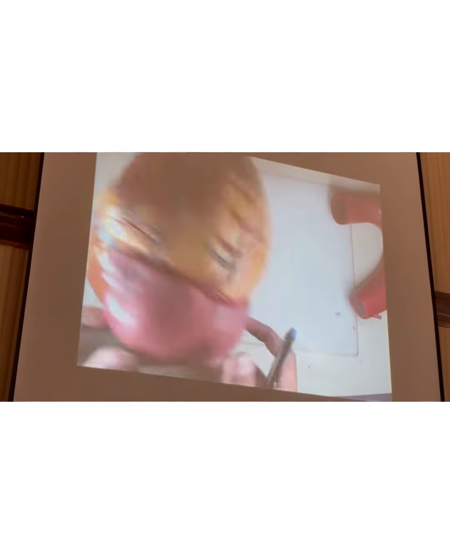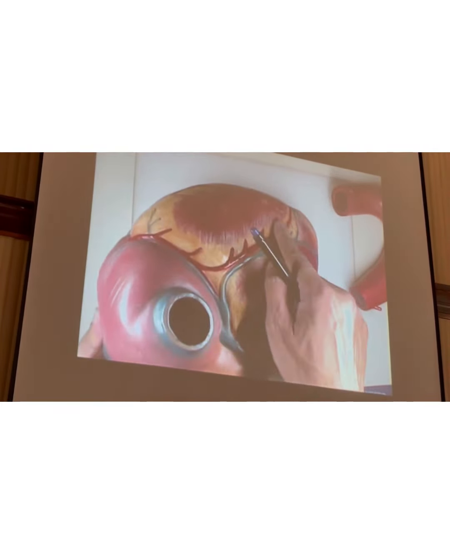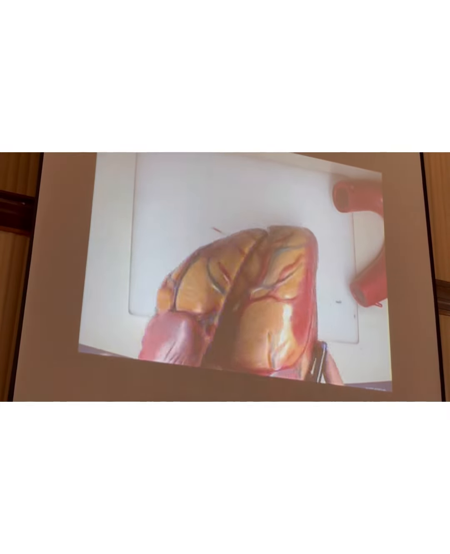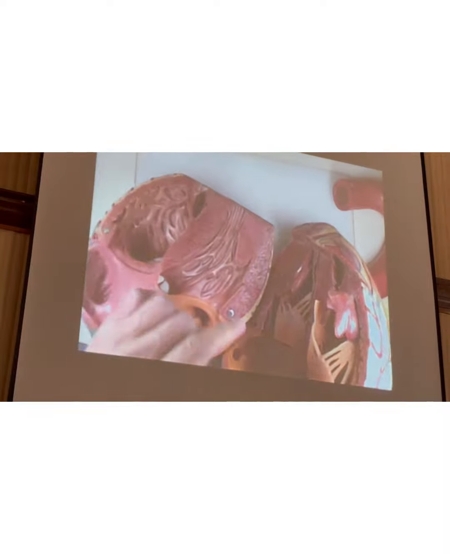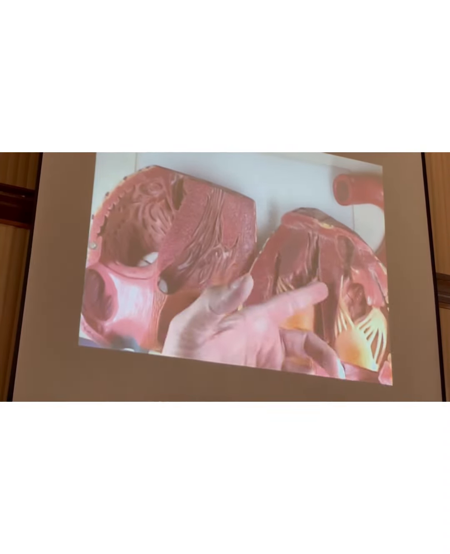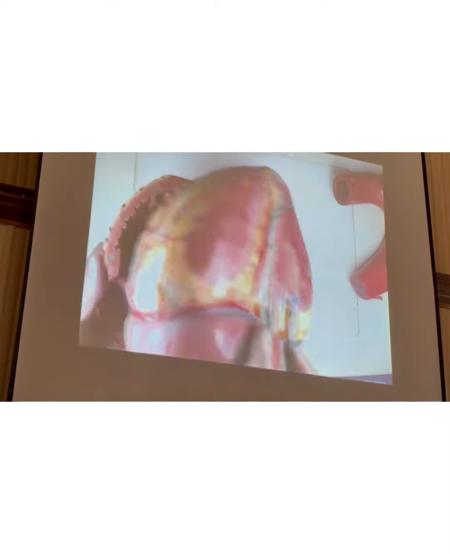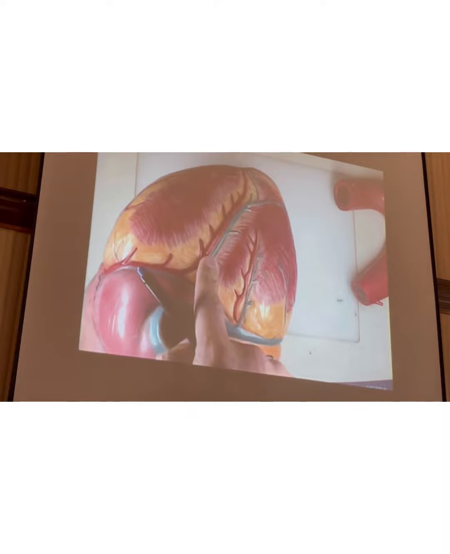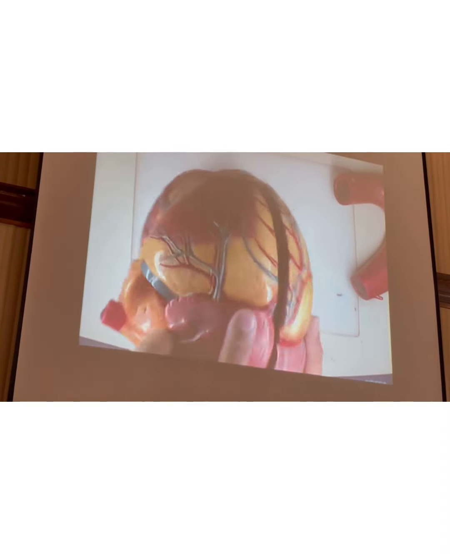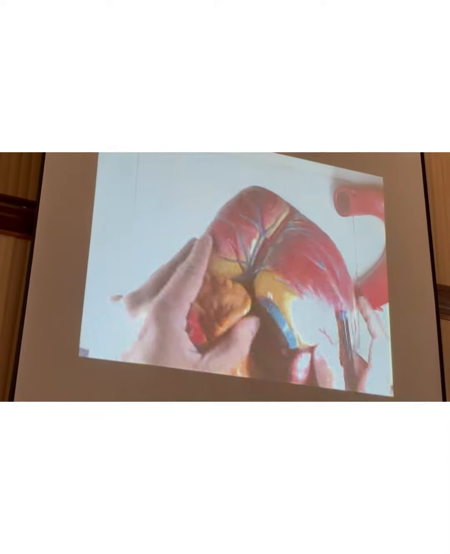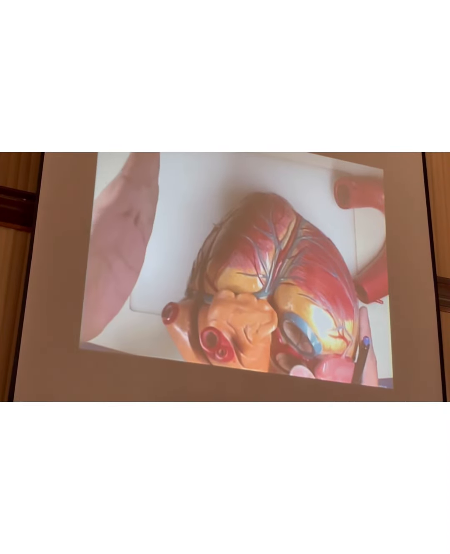Clear? The posterior interventricular artery supplies the posterior third of the interventricular septum. This is the interventricular septum. The posterior third of the septum is supplied by the posterior interventricular artery, or posterior descending artery, while the anterior two thirds are supplied by the left coronary artery.